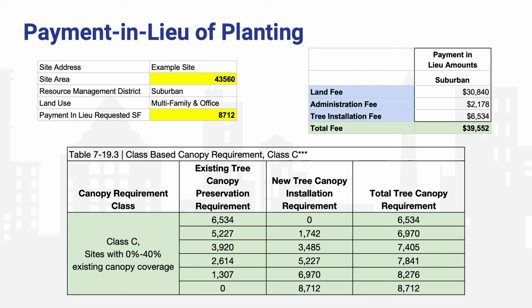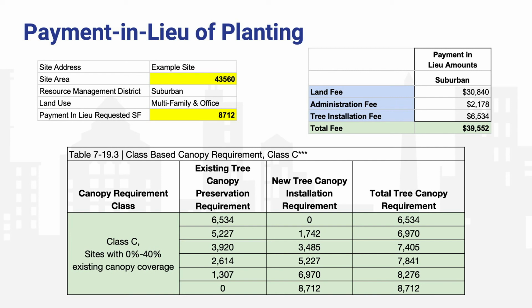In this case, if the developer were not to propose to preserve any trees and propose all new canopy installation, but then take that a step further and propose to pay a fee instead of installing those trees, you can see how that fee would break down for 8,712 square feet of tree canopy, with a land fee of $30,840, an administration fee of $2,178, an installation fee of $6,534 for a total fee in lieu cost of $39,552.